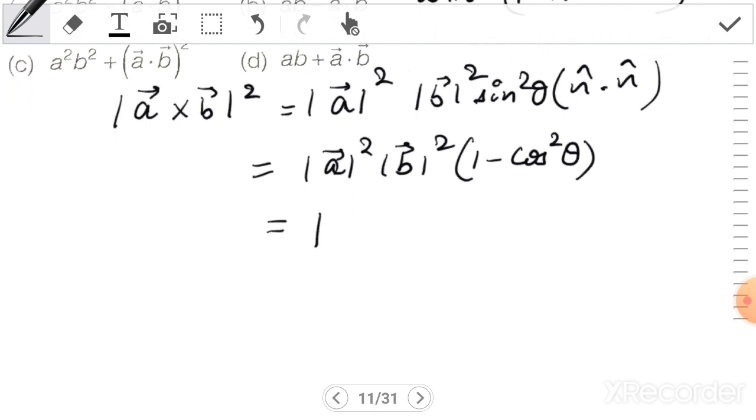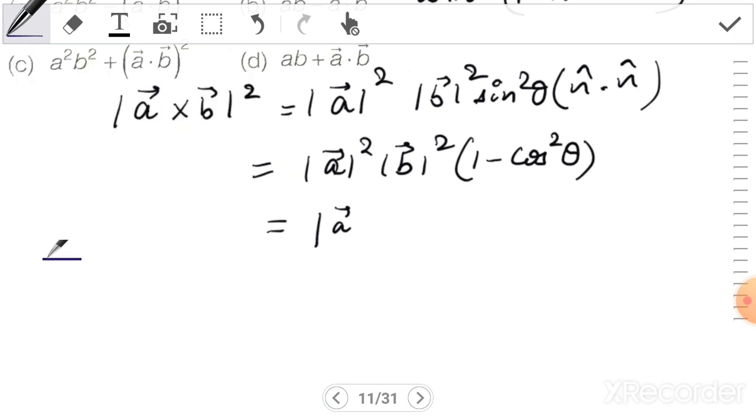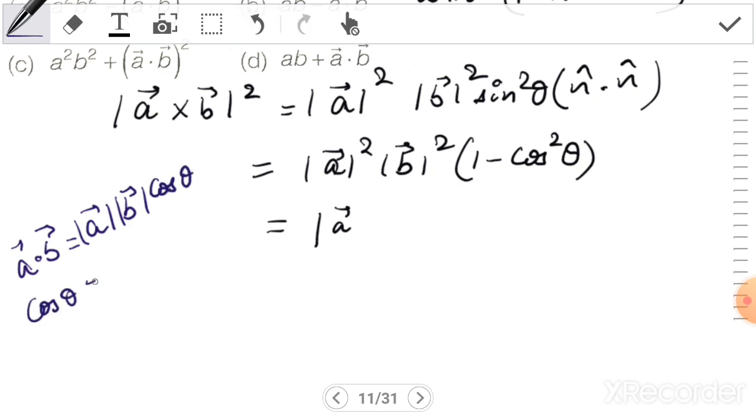Okay, so we know that A dot B is equal to A B cos theta. So cos theta can be written as A dot B by modulus A and modulus B. So we will use this, right?